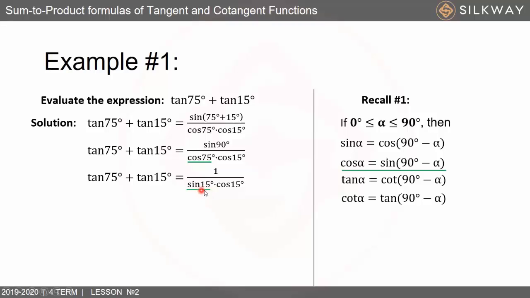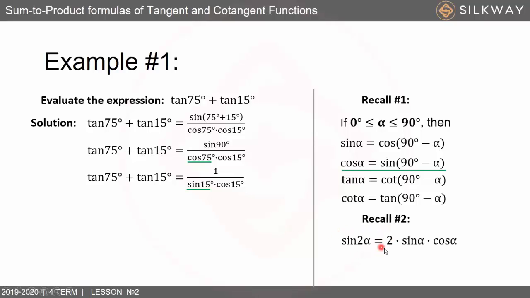And here you see that sine 15 and cosine 15 have the same angles. Look at recall number 2: sine 2 alpha is equal to 2 multiplied by sine alpha multiplied by cosine alpha. We know this formula from the previous lessons.